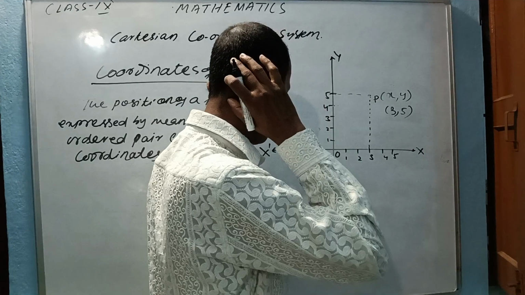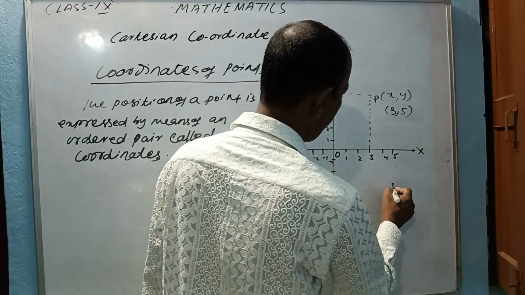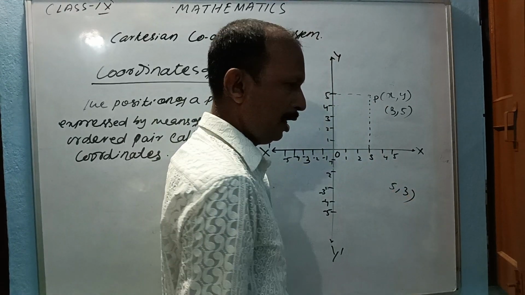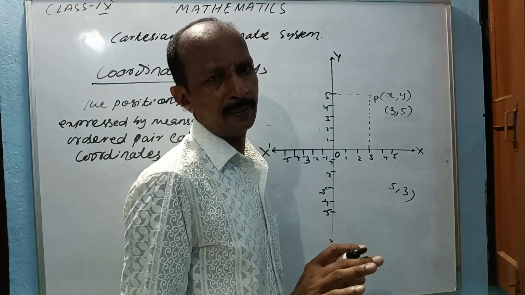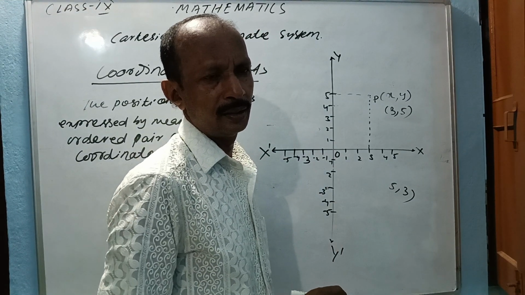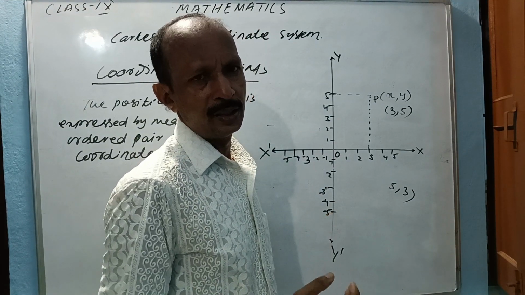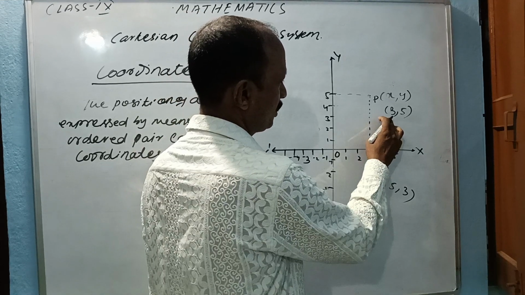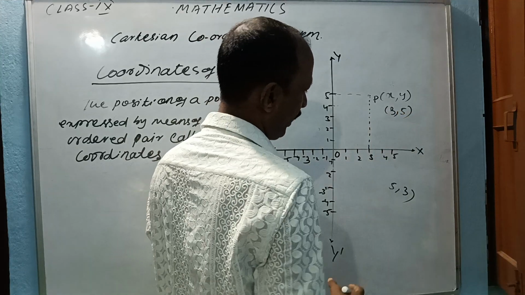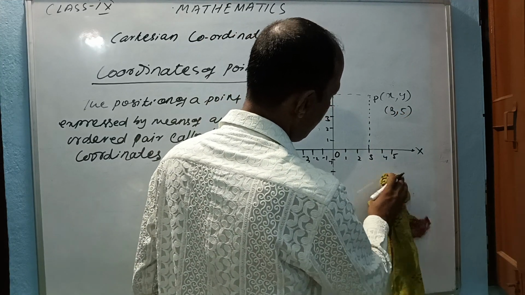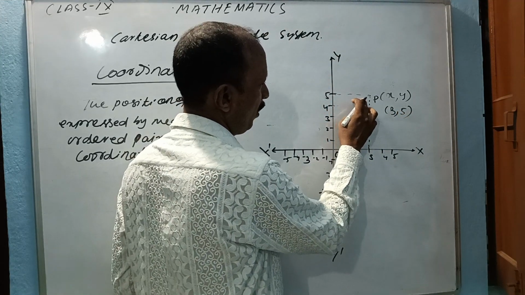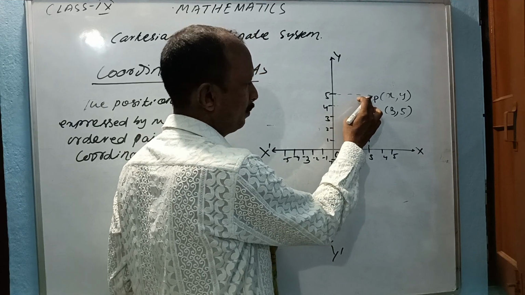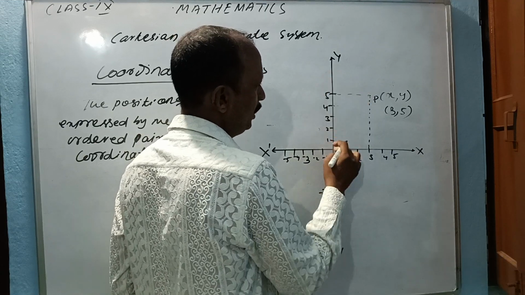Suppose you may argue that, sir, why can't it be (5, 3)? Yes, you can write (5, 3). But conventionally throughout the world we have been using first x coordinate, second y coordinate. I said x coordinate means the perpendicular distance of the point from the y axis.